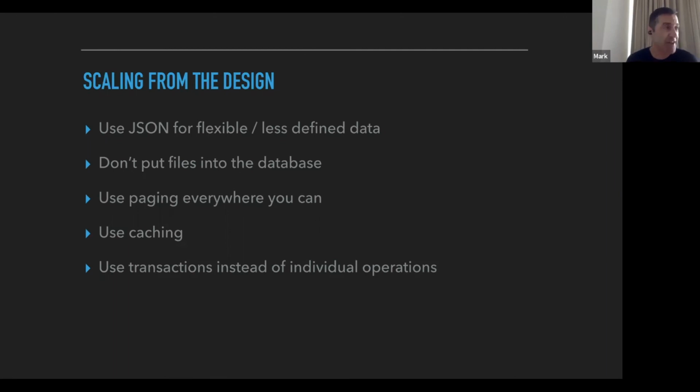Paging. So paging is the key to solving the problem with lots of data. Okay, in Backendless, paging is baked into our API. You cannot get all the records with a single call from a data table, for the reason that the majority of applications that are running in Backendless, there are thousands, if not millions, of records in the table.